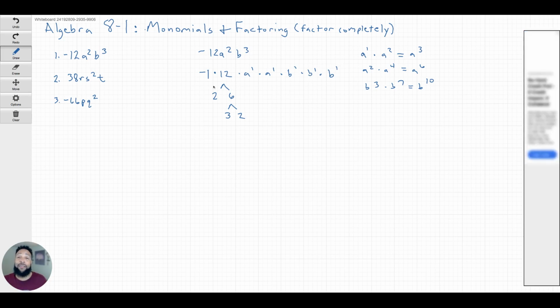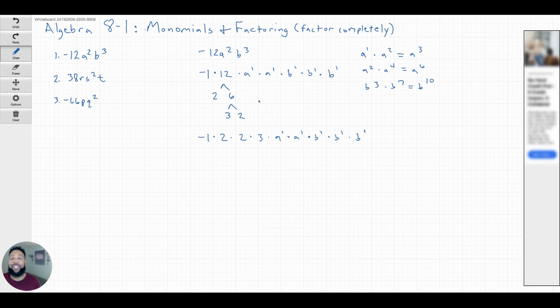So when we say factor completely, this expression would be negative 1 times 2 times 2 times 3 times a to the 1 times a to the 1 times b to the 1 times b to the 1 times b to the 1.